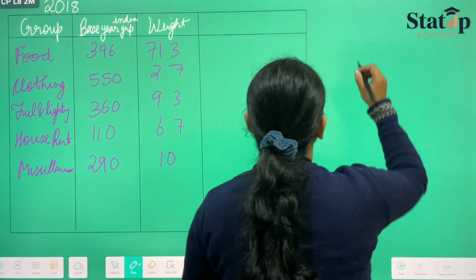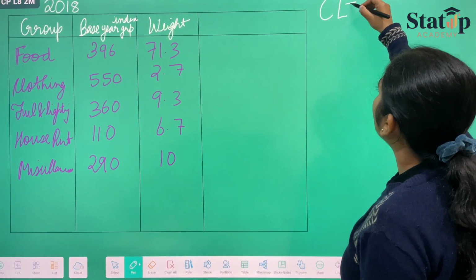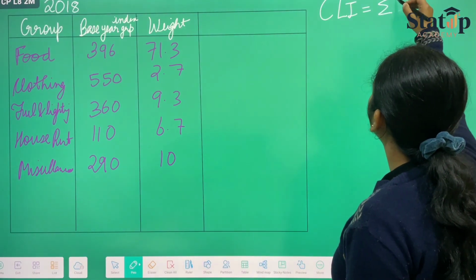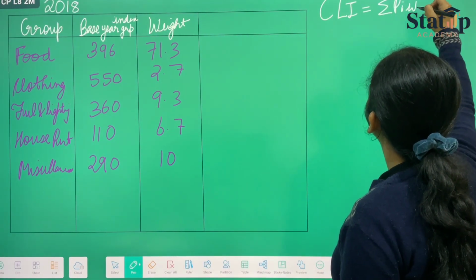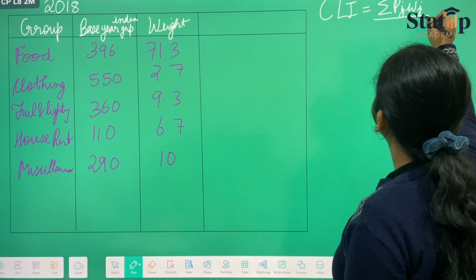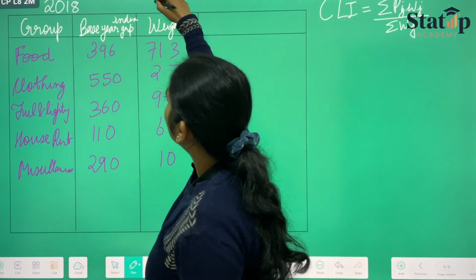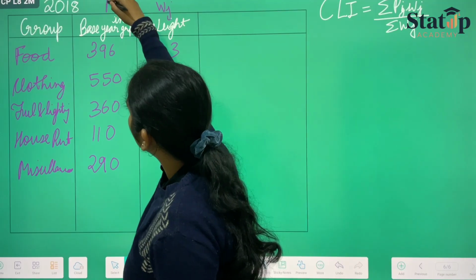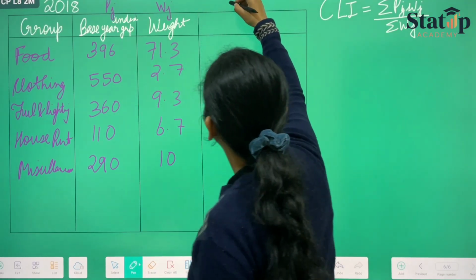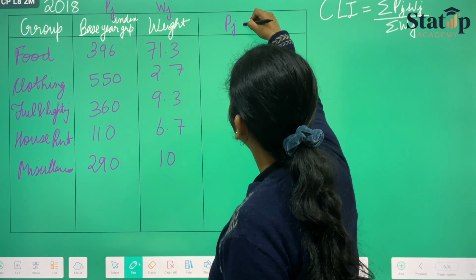The cost of living index can be written as the summation of PJ WJ upon the summation of WJ. So this is WJ, this is PJ, and we just have to multiply PJ WJ.